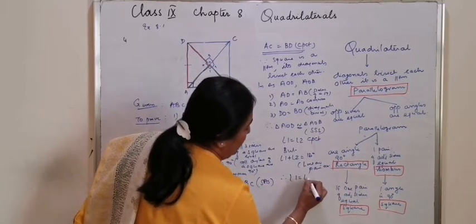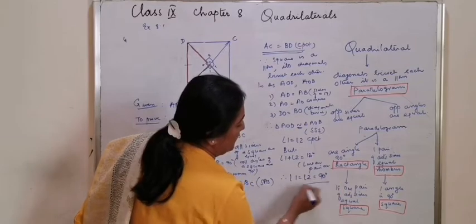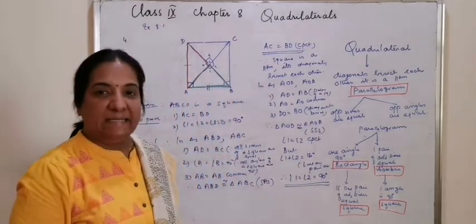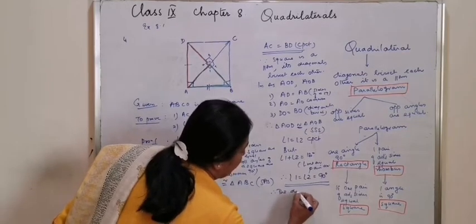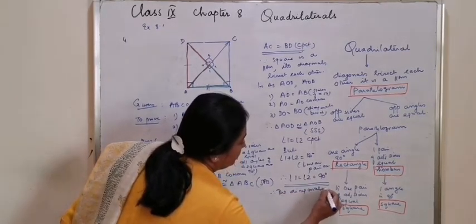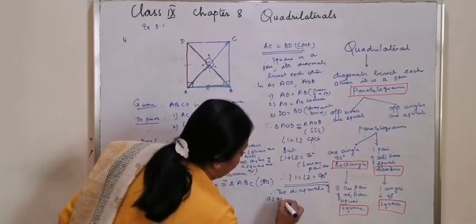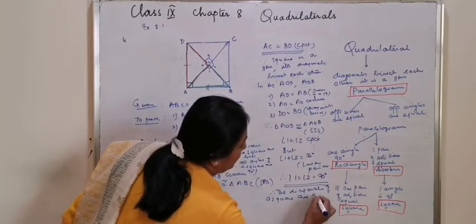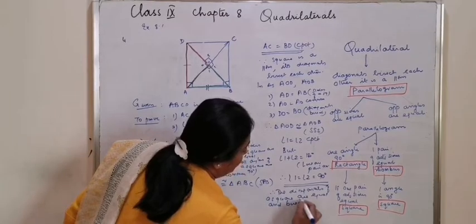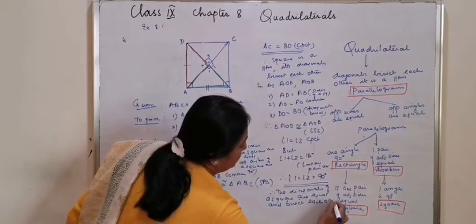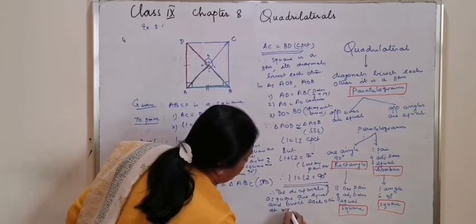Therefore, angle 1 is equal to angle 2 is equal to 90 degrees. So what is the proof? Therefore, the diagonals of a square are equal and bisect each other at right angles.